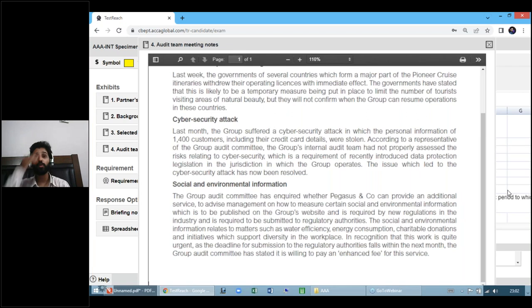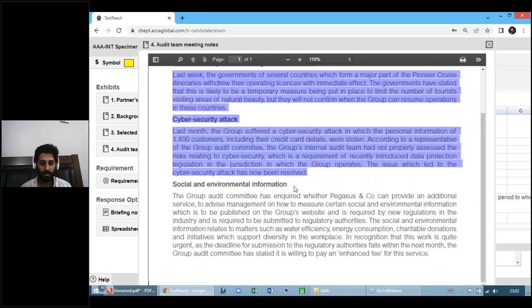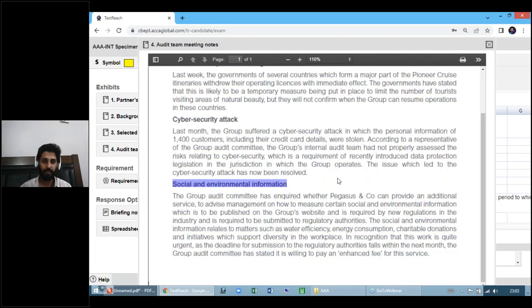This is something related to ethics, and I will demonstrate first how to draft the answer, and I will be simultaneously typing my answer. Please read this information, the social and environmental information, which is one of the current issues as well.